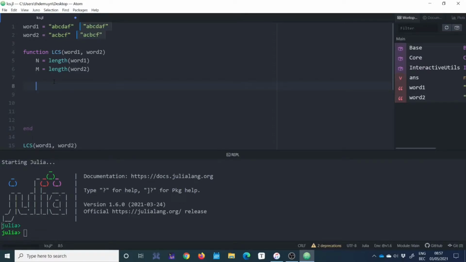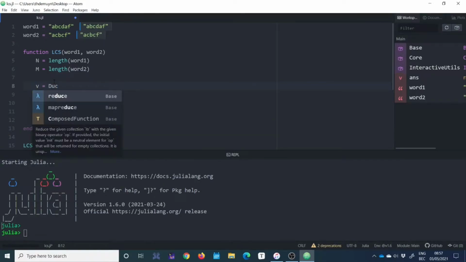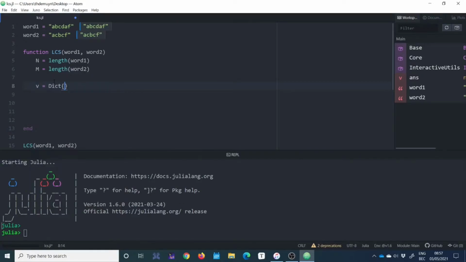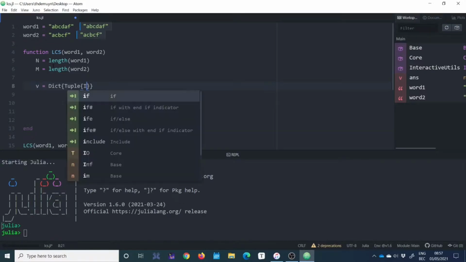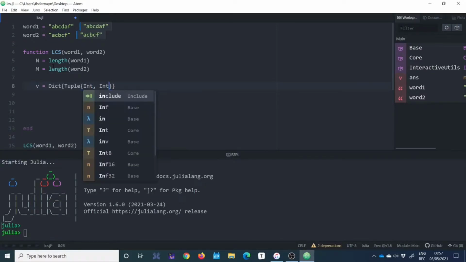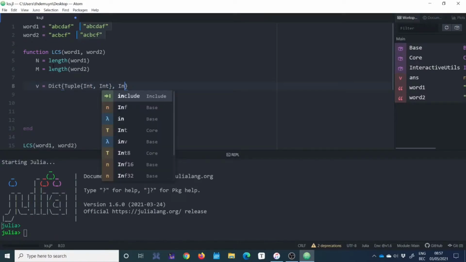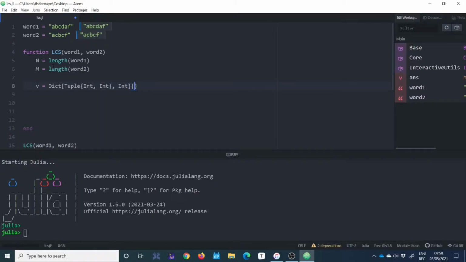I'm going to store v as usual in a dictionary, which takes 2 numbers, the length of the subword of word 1 and the length of the subword of word 2. Let me store this in a tuple of 2 integers. It returns also a number, which is going to give me the length of this substring.